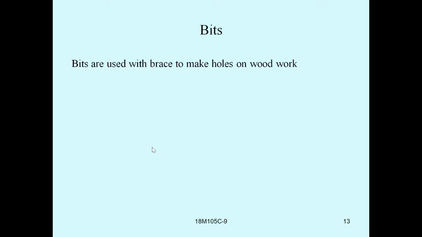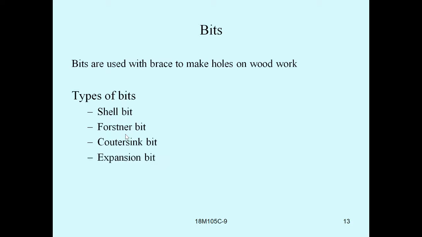The next one is bits. Bits are used with a brace to make holes in woodwork. These are the types of bits: shell bit, fastener bit, countersink bit, expansion bit, center bit, drill bit, and also a reamer bit.